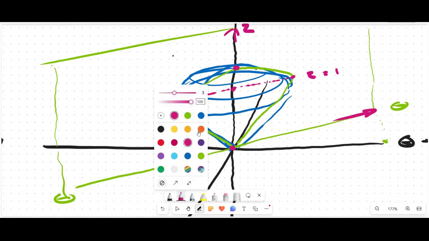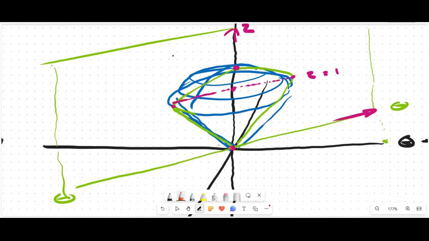Well, if r is a function of z, this guy right here is negative z, and this guy right here is positive z.